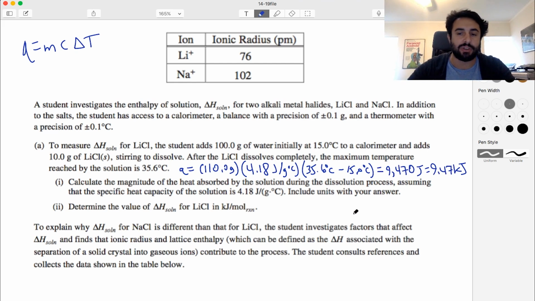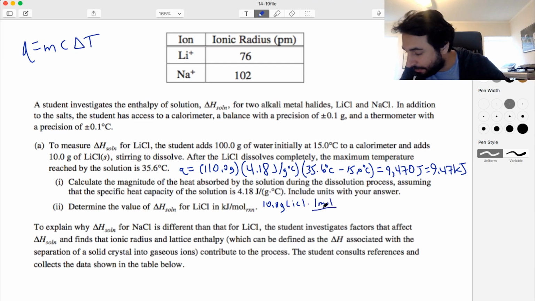So this may seem a little confusing, but it's not too hard, right? We have a heat exchange for a certain mass of lithium chloride. We just need that per mole instead of that. So let's figure out how many moles we had, and then we'll get kilojoules per mole. So if we had 10 grams of LiCl, we use the periodic table.